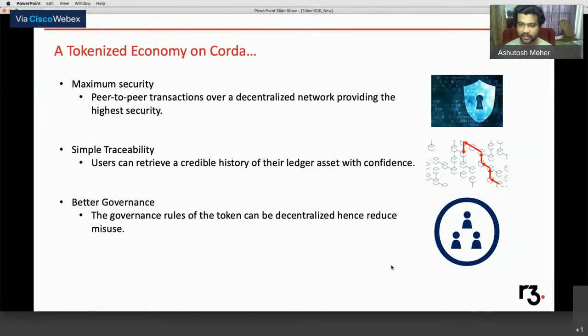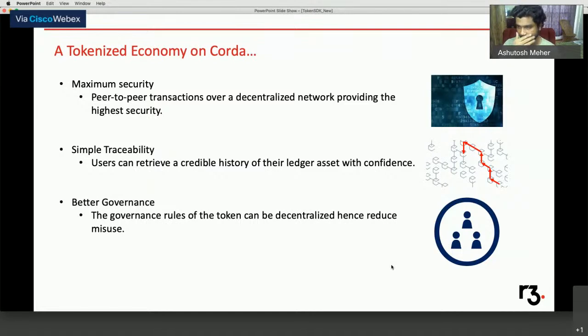But in a decentralized way, you have to go through these rules, coded in a contract, which means to do a transaction to increase the liquidity of that particular token, you have to go through a decentralized governance model, which would again require each and everyone to vote for getting the liquidity increased for this token. Which is again one of the benefits of having a token on a decentralized system.